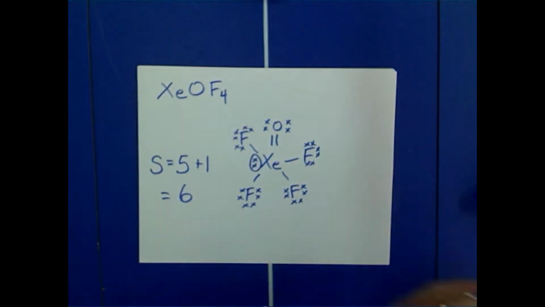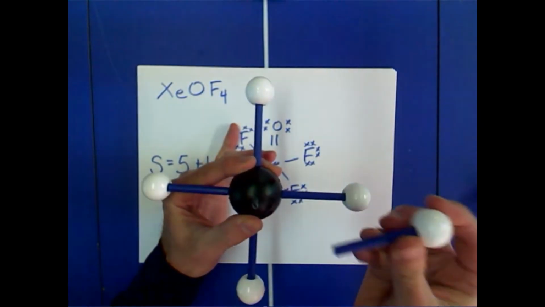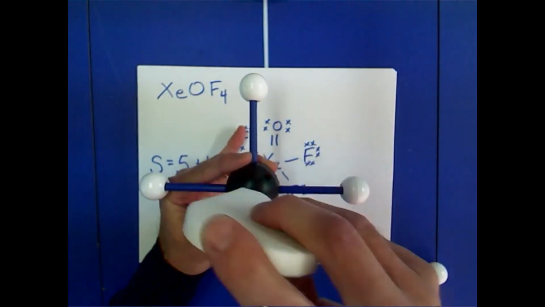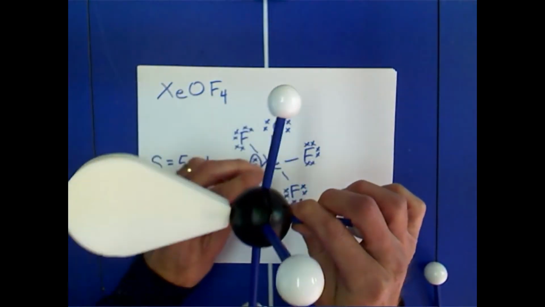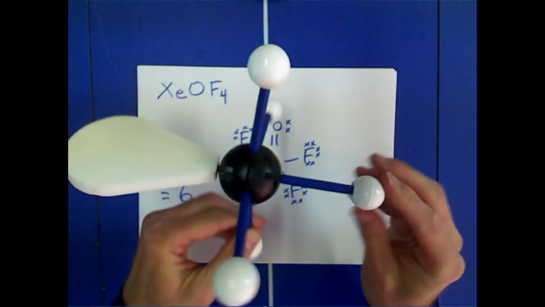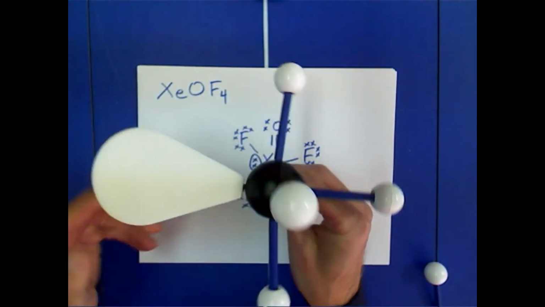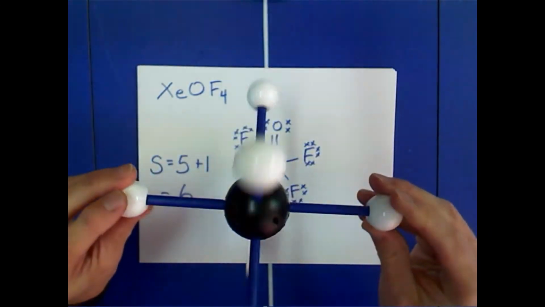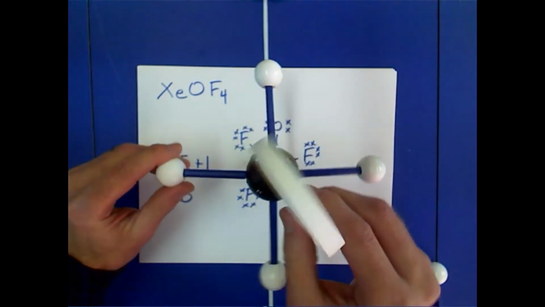In this case, we're going to remove one of the connections to an atom and replace it with a lone pair. We still have an octahedral arrangement of the electron pairs surrounding the central atom. They all still take on this octahedral orientation, but in this case, one of the bond pairs is replaced with a lone pair.